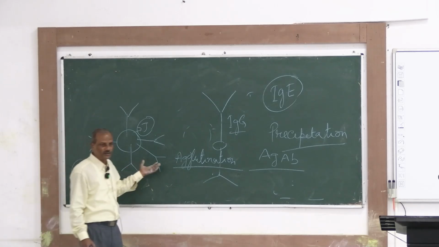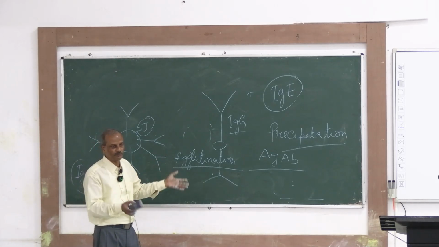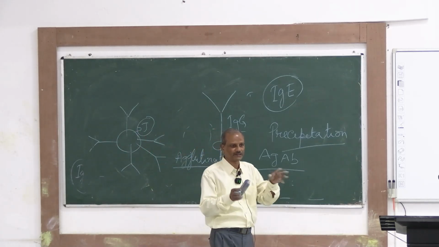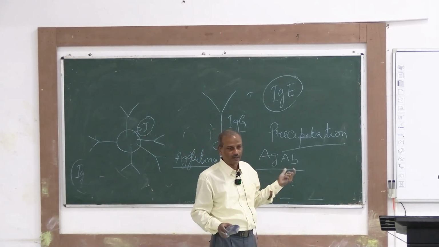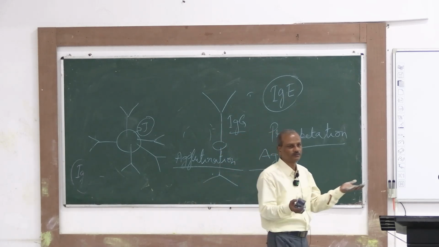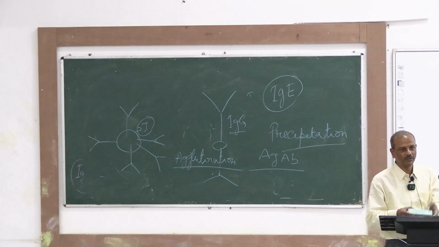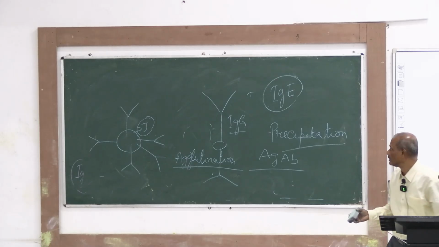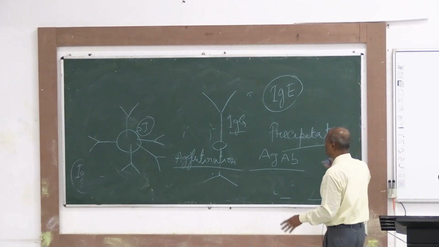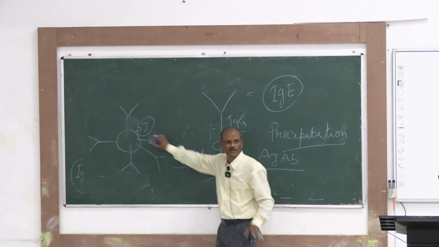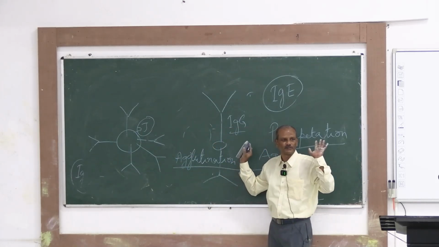Normally it is done with latex particles for some purposes. So for some testing, latex particles are coated with the IgM type of antibody to see a visible clumping right on as a spot test. You need not centrifuge it. So that is the difference between precipitation and agglutination. So agglutination occurs with the IgM type of antibody, but not in other types of antibodies.